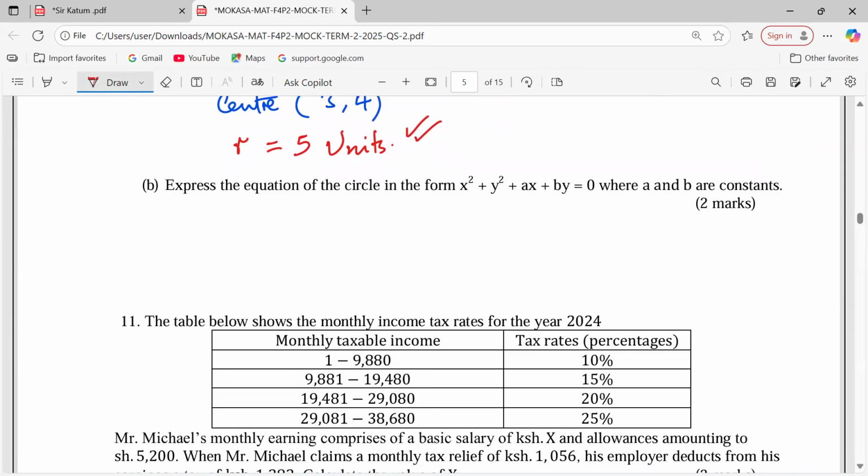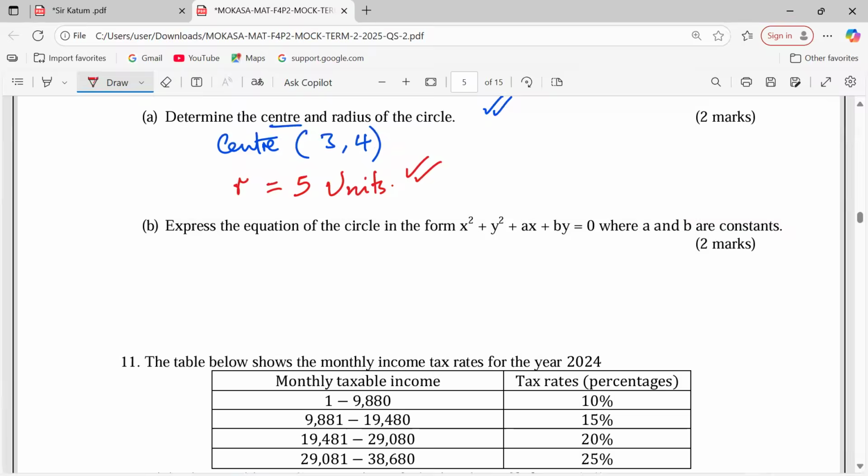And part B of this particular question, we are asked to express the equation of the circle in the form x squared plus y squared plus ax plus by equals 0. A and B are constants. Constants can be integers or otherwise.